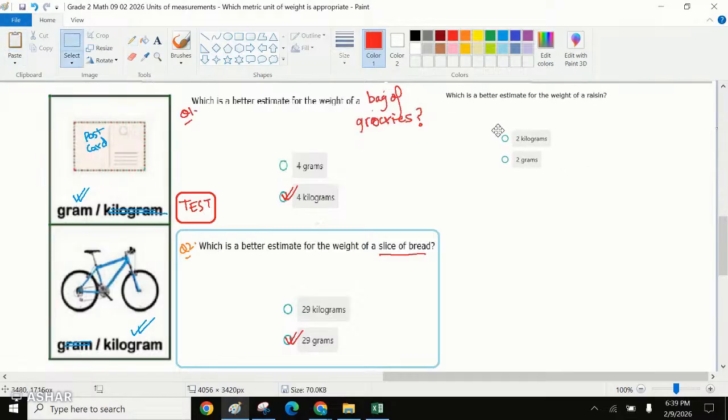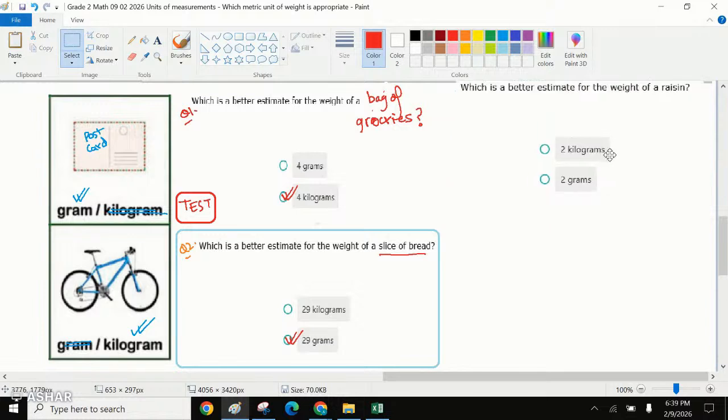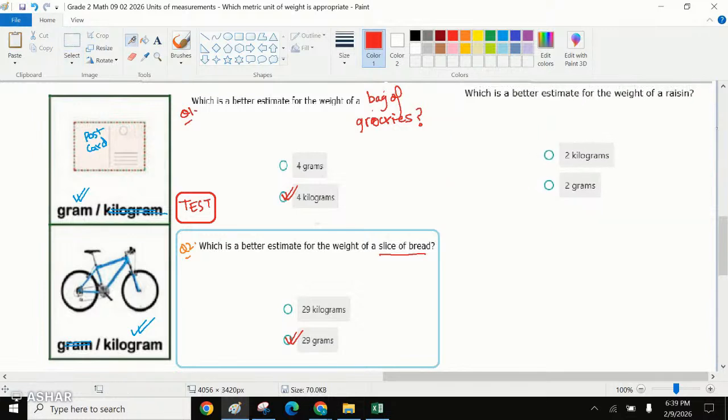Let's have a look at the next question. The next question says, which is a better estimate for the weight of a raisin? Question number 3. A raisin is something that we eat, right? As a whole. It has to be lighter.